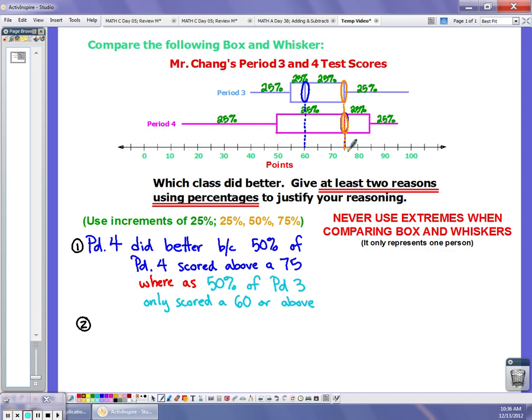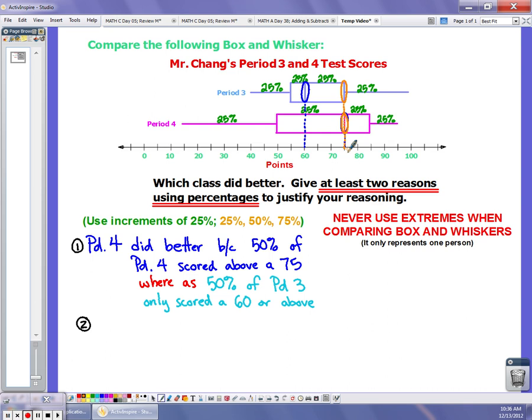If I have an upper quartile and a median that line up with one another, I can use that with my comparisons. So here, I can say that period 4 did better, because 50% of period 4 scored a 75 or higher, whereas only 25% of period 3 scored a 75 or higher.